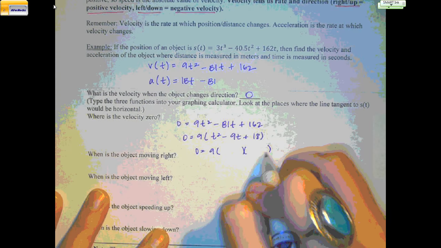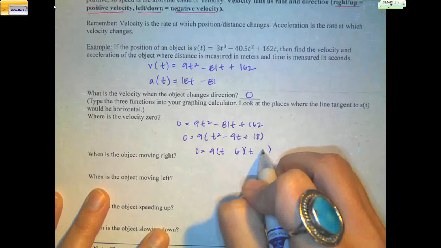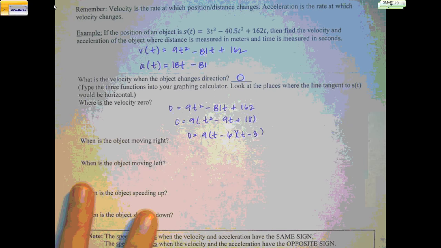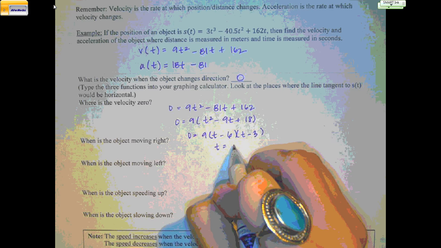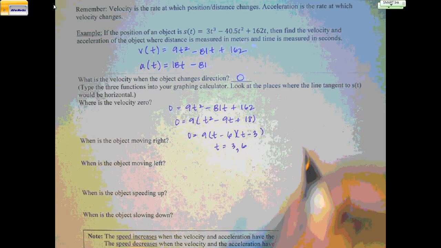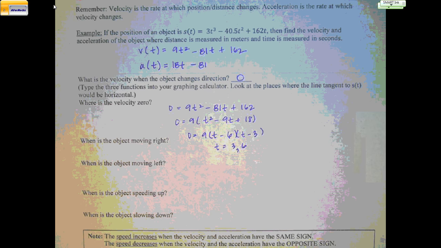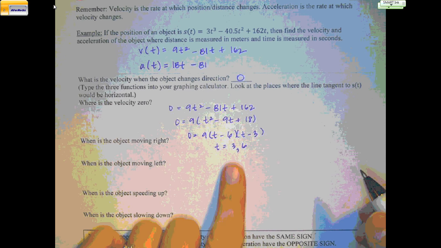Then you can factor further: t minus 6 and t minus 3, and they're both negative there. So t is going to be 3 and 6, and it's at 3 seconds and 6 seconds that this object changes direction.